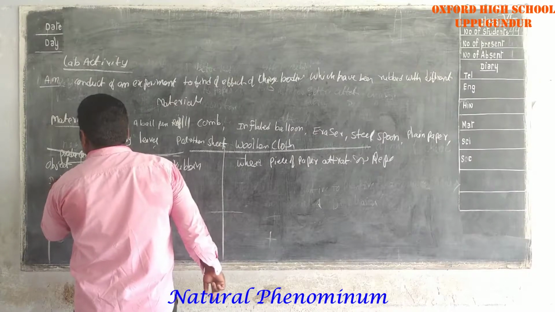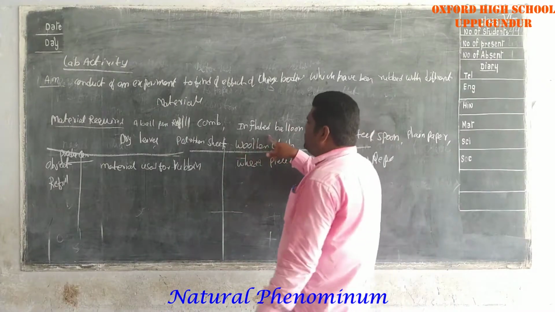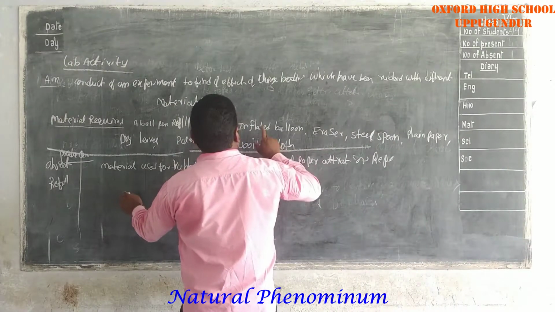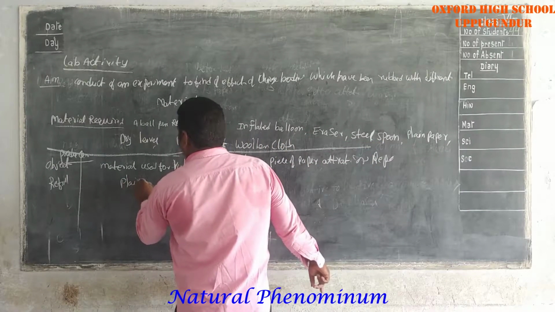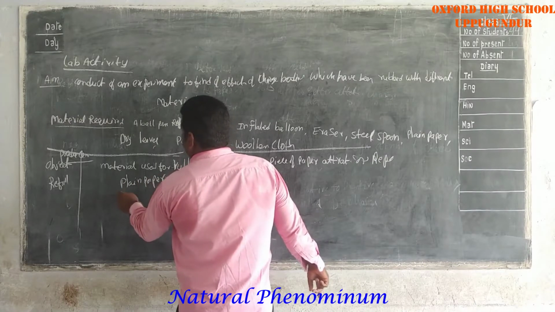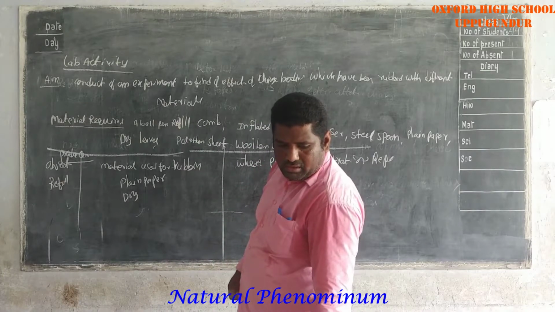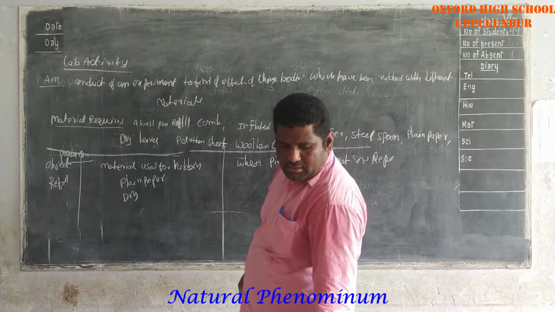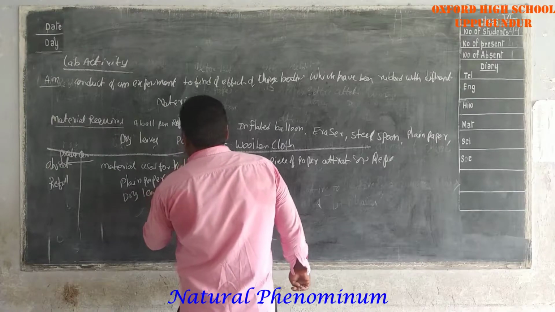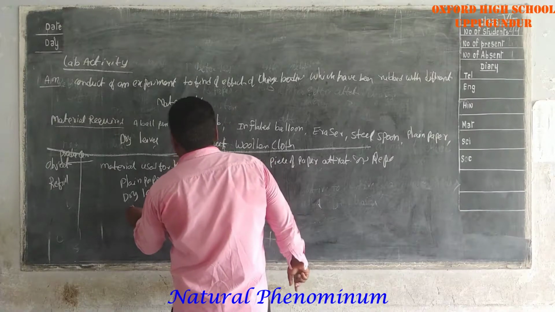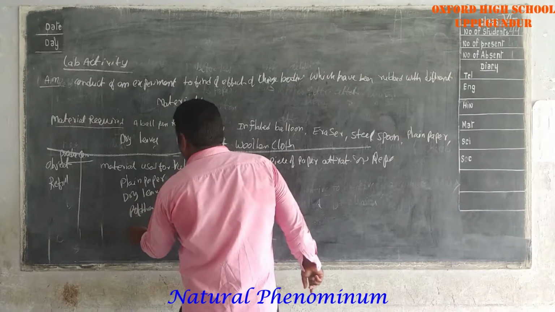Material used for rubbing: plain paper, dry leaves, polythene sheet, woolen cloth.